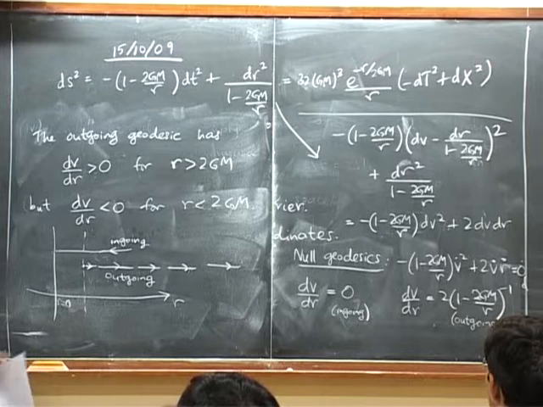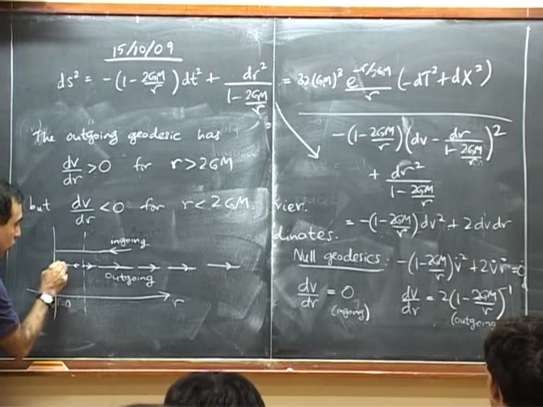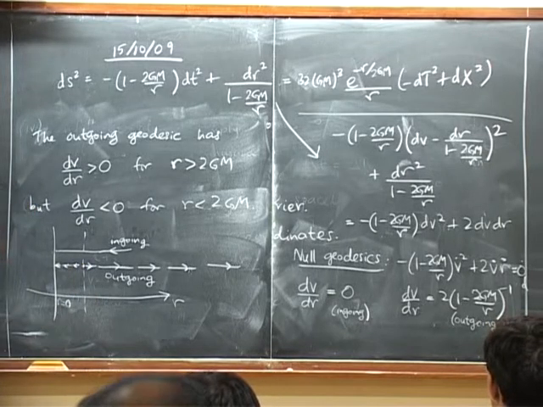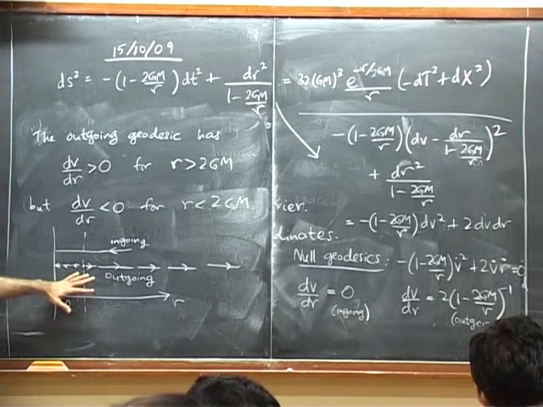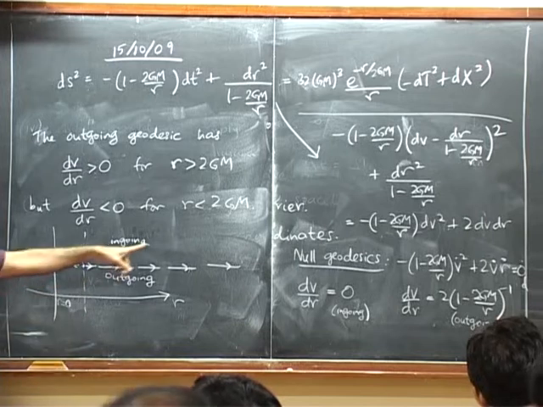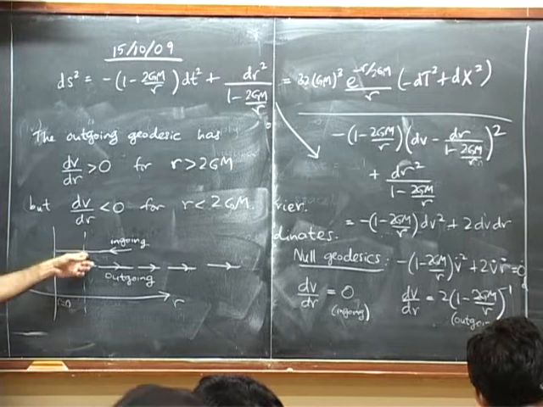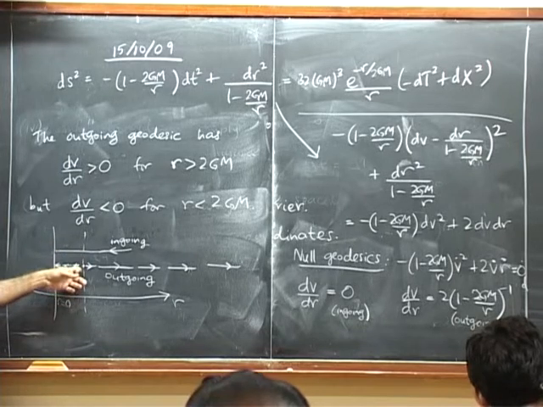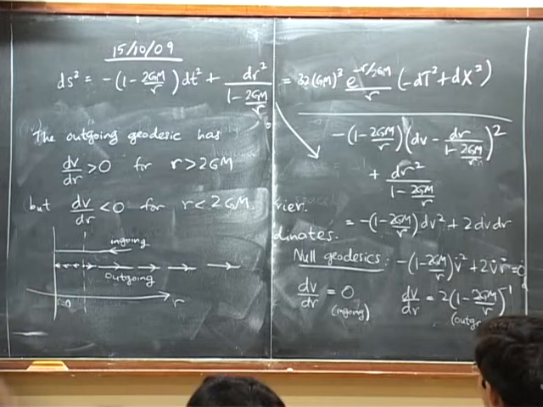And it has to do that because after we cross it, this outgoing geodesic now goes inwards. Now you can see that in this picture, there is absolutely no trajectory which starting from the inside takes you to the outside. Once you're inside, you can either follow the ingoing geodesic or you can follow the ingoing geodesic. Those are your choices. Both are ingoing. Both ways you reach the center.